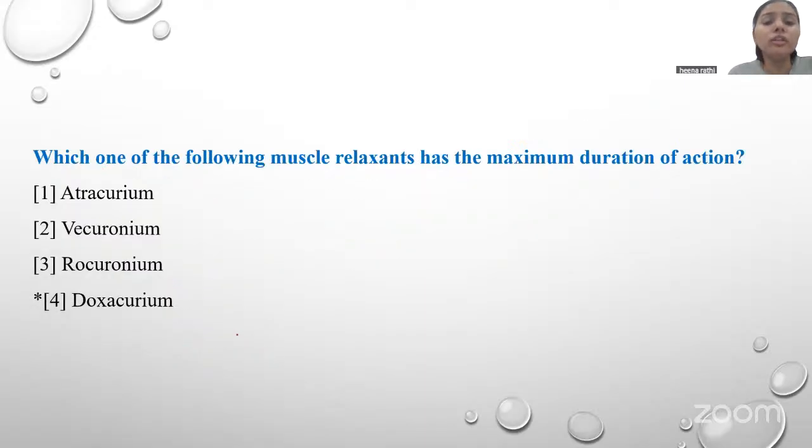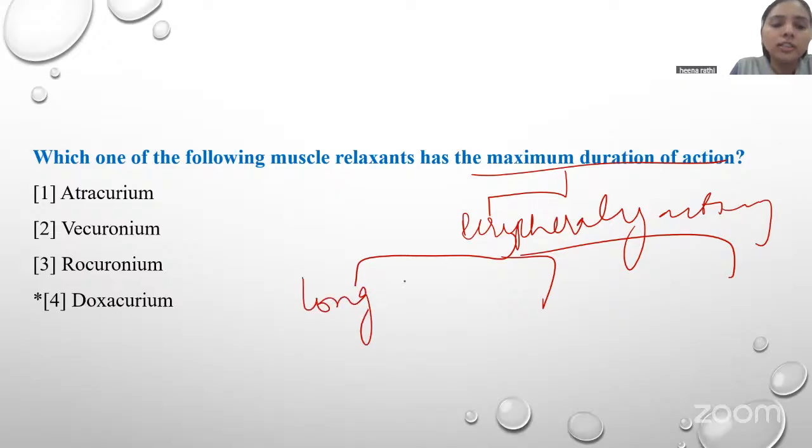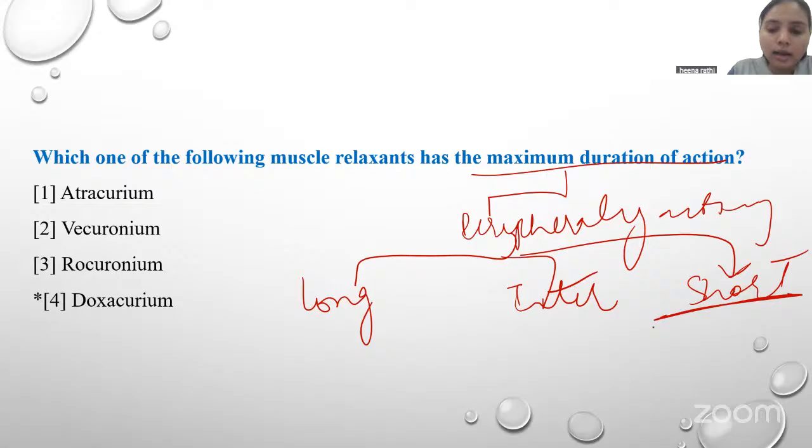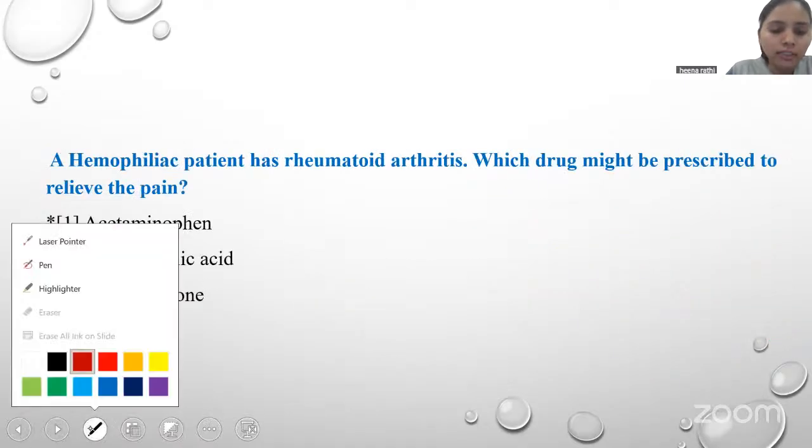One of the following muscle relaxants has the maximum duration of action. Peripherally acting skeletal muscle relaxants can be of 3 types: long acting, intermediate acting, and short acting. The example of short acting is mivacurium. It is also one of the important ones. What are the short acting?